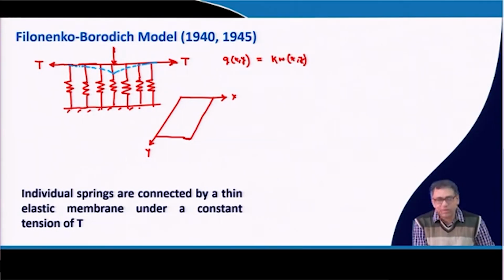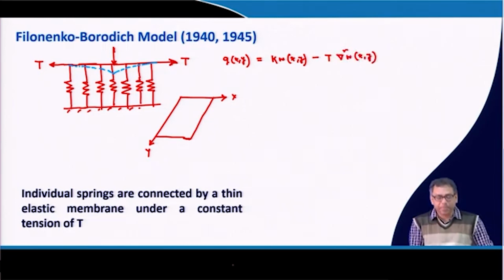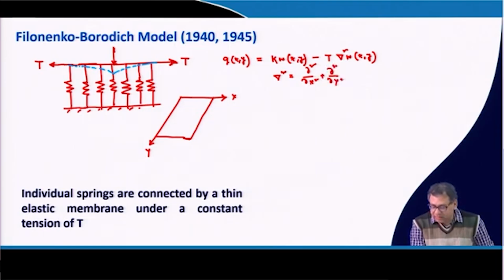So, this was the equation for the Winkler model, but now for this particular model, this is equal to T into delta square w(x,y), where delta square is del square divided by del x square plus del square divided by del y square.